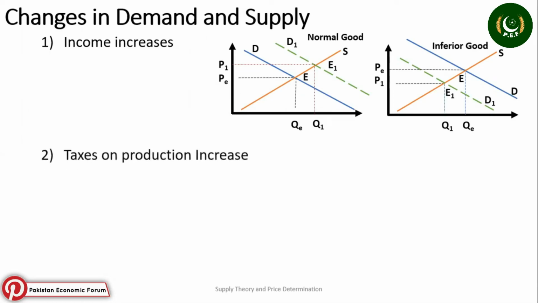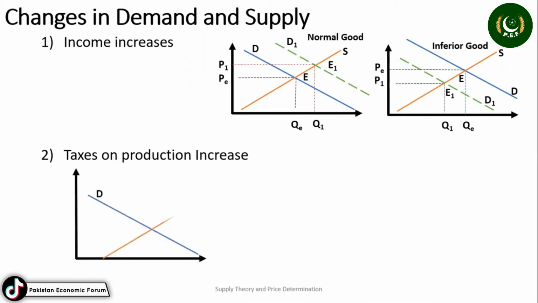Let's discuss what happens when there are taxes on the production and these taxes increase. Since a tax on production increases the production cost of the commodity, the producers will decrease the quantity supplied of the commodity and hence the supply curve will shift to the left.